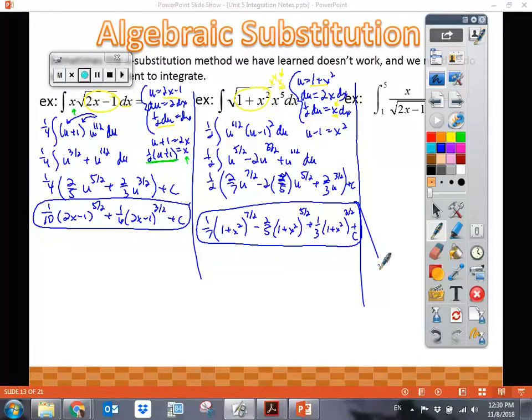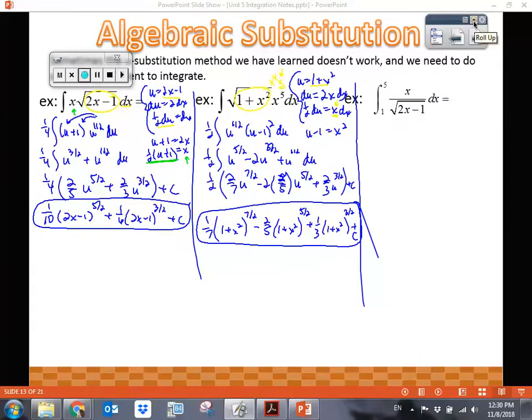All right, let's look at the very last one on here. So here, we think we can see u would be 2x minus 1. du is 2 dx, so 1/2 du equals dx.